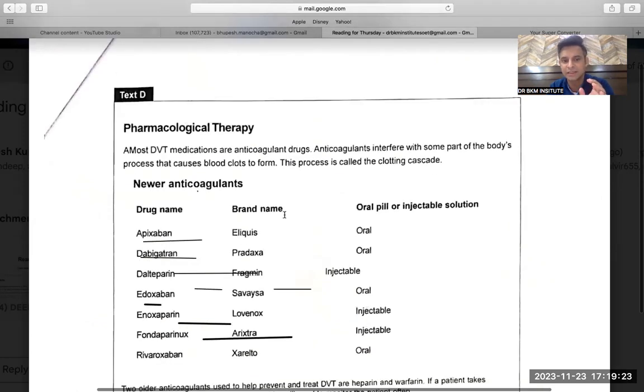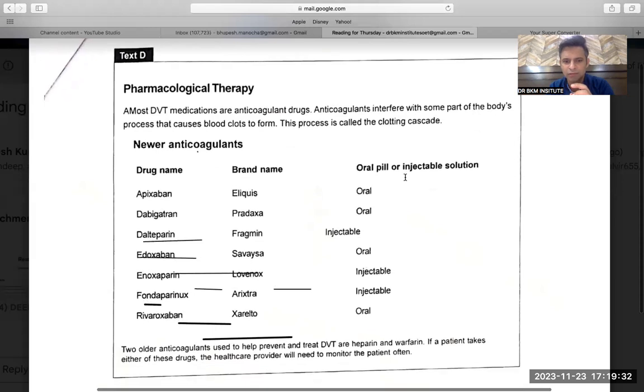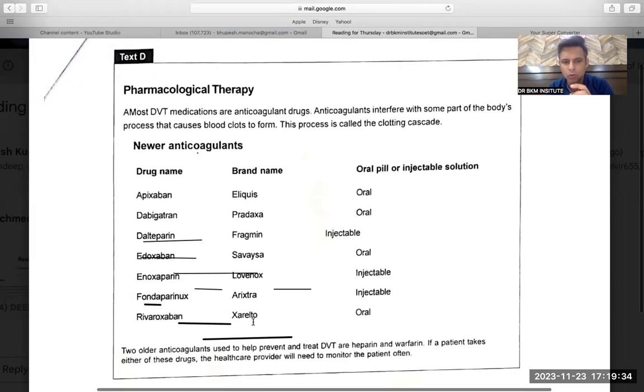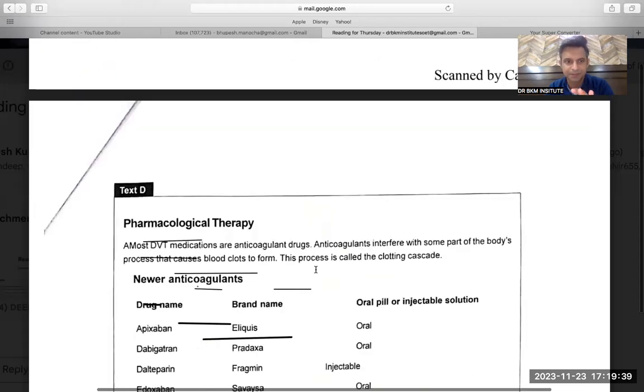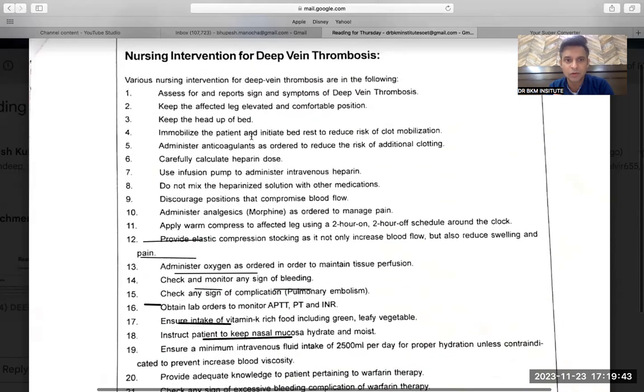Text D says these medications, and it talks about blood clots. DVT medications are anticoagulants, talking about the way to do that. Two older anticoagulants. So this is all about medication. So the management part can be from this. Then this is about nursing intervention for deep vein thrombosis.